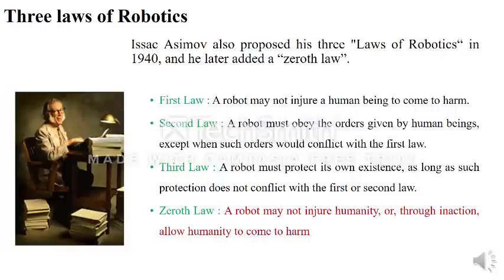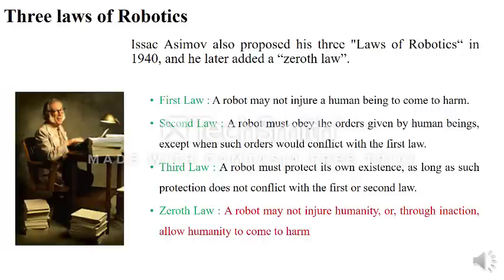What is the first law? It says, a robot may not injure a human being or allow a human being to come to harm. What does it mean? Even though a human being harms the robot, the robot should not harm the human being. Second law, the robot must obey the orders given by human beings except when such orders would conflict with the first law.